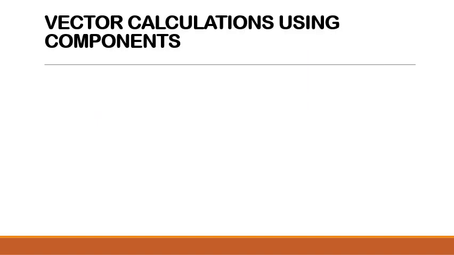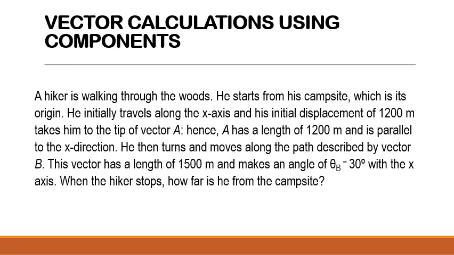How about if we are asked about the total or the resultant when added? Let's calculate them through these examples. A hiker is walking through the woods. He starts from his campsite, which is the origin. He initially travels along the x-axis, and his initial displacement of 1,200 meters takes him to the tip of vector A. Hence, A has a length of 1,200 meters and it's parallel to the x direction.